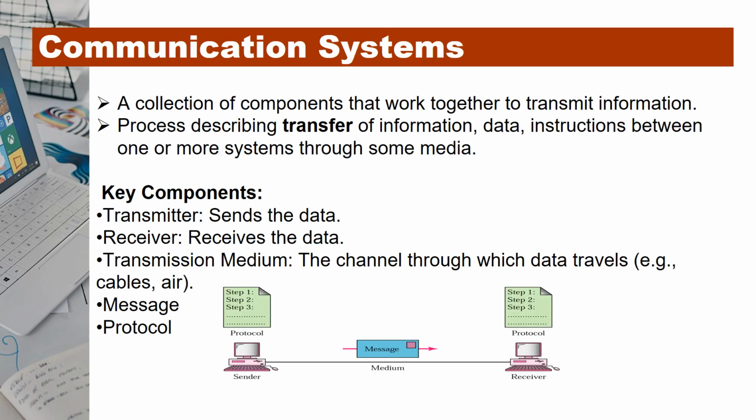Then, talking of a communication system, this is a collection of components that work together to transmit information. It is the process describing the transfer of information, data, and instructions between one or more systems through some media. The key components are a transmitter, a device that sends the data.